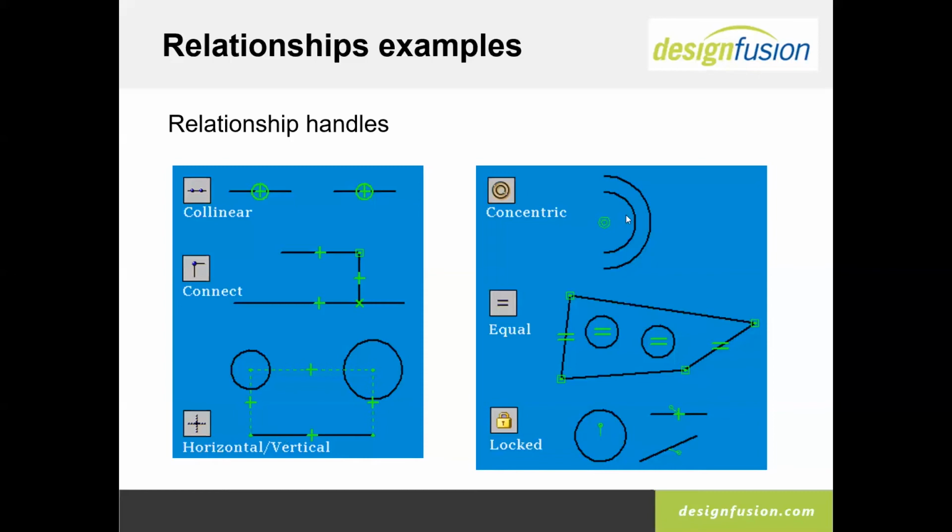This is showing me that these are concentric. The length of this line is equal to the length of that line. The length of this, or the diameter of this circle, is equal to the diameter of this circle. This is locked in space at the center point. And here's a lock. This is locked as horizontal, and this is just locked in space as well.